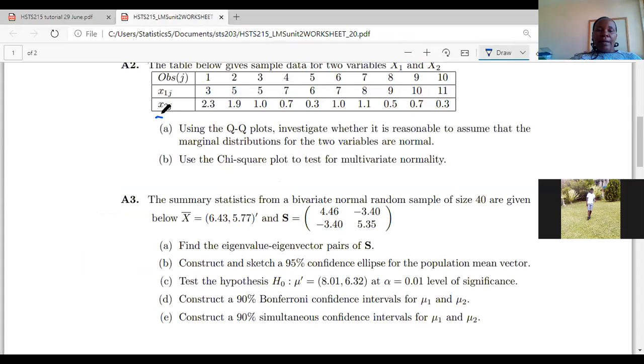you can come with a calculator and compute di squared for each observation. The observation vector x1 is this one, right? So what you need here is to have calculated x bar.